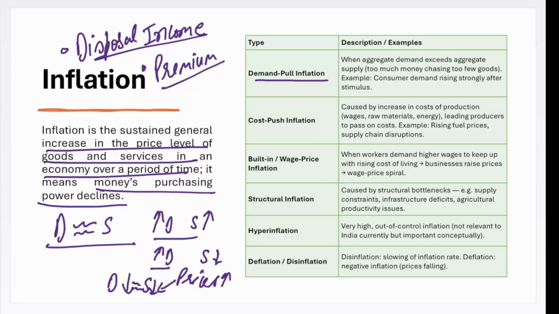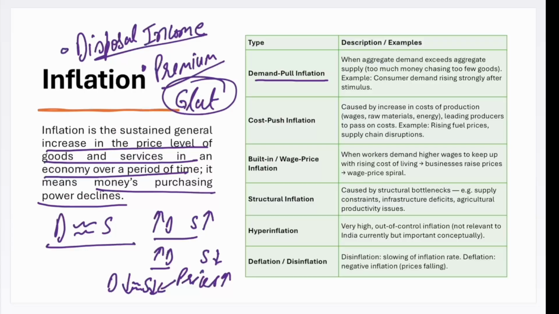If the demand goes higher and the supply remains the same, the prices will rise. And the vice versa will also be true. We'll understand that also. But just to give a hint, if the demand is low for a product and supply is there, that is what we call a glut situation. You would have heard the word glut.